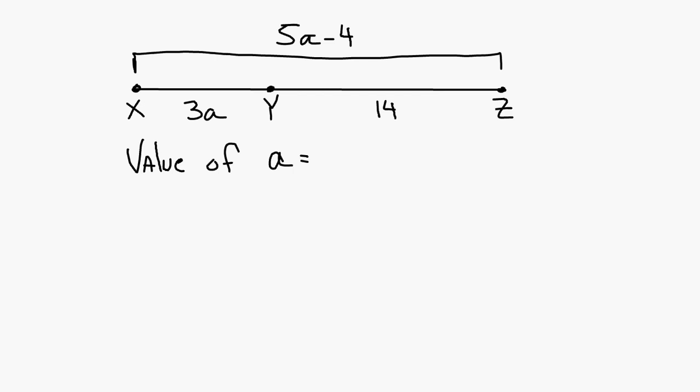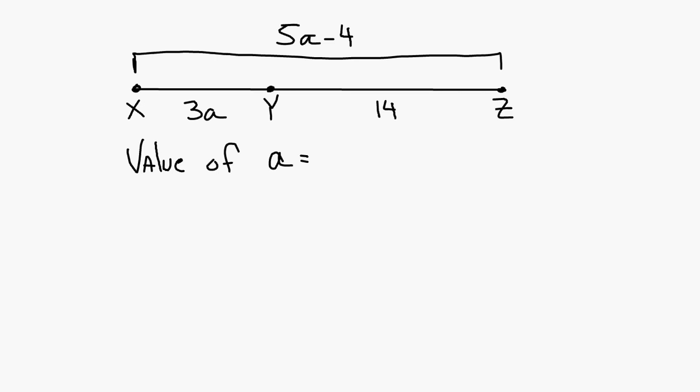Now, given this information, in your assignment today, you're going to be given it textually. You're not going to get the picture. If we had to write a description of this picture, could we start off by saying Y is between X and Z? Y is between X and Z. X to Y is equal to 3a.